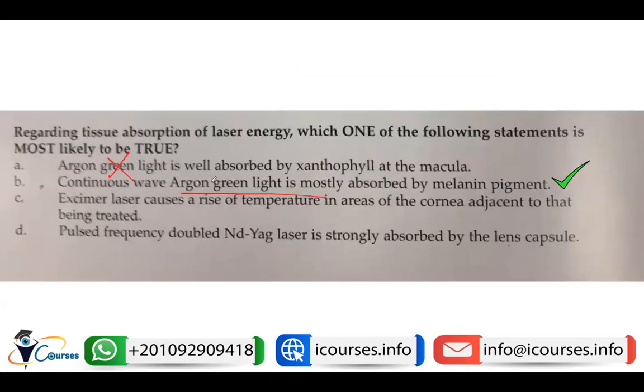It produces its thermal effect through its absorption by the melanin pigment. Excimer laser can cause a rise in temperature in the areas being treated, but doesn't cause collateral damage to the surrounding area. And the YAG laser is not absorbed by the lens capsule. This is not correct.